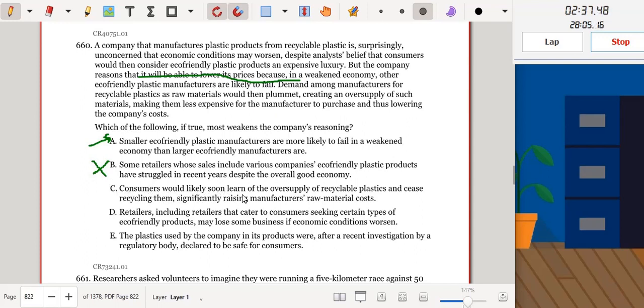The consumers would likely soon learn of the oversupply of recyclable plastic and cease recycling them, significantly raising manufacturers' raw material cost. Now this is not helping anyway. So if the consumers learn, why will they cease the recycling then? No. Retailers, including retailers that cater to consumers seeking certain types of eco-friendly products, may lose some business if economic conditions worsen.